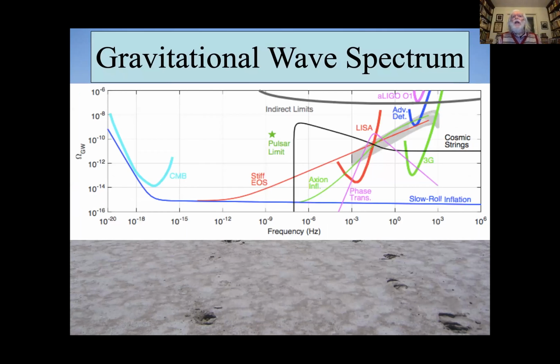So in my remaining time, I want to discuss something which at first sight looks completely different. You've had various talks at this meeting, in particular by Alessandra Buonanno, about gravitational wave experiments.